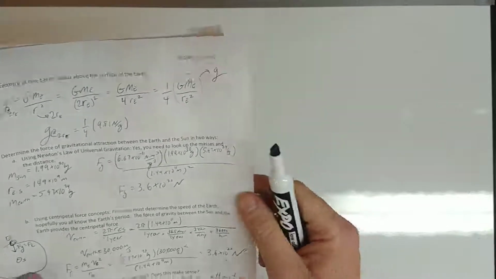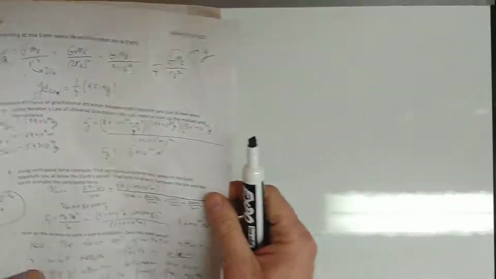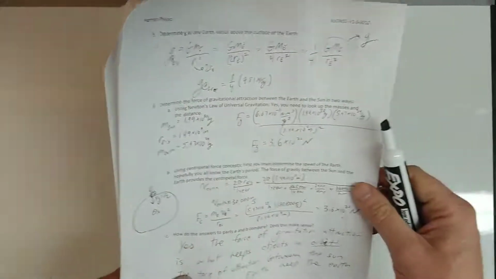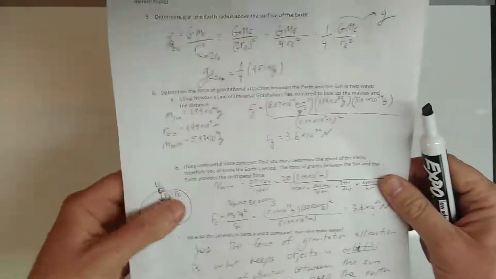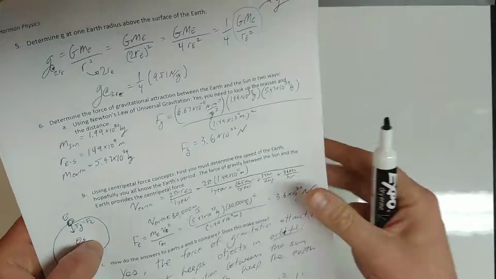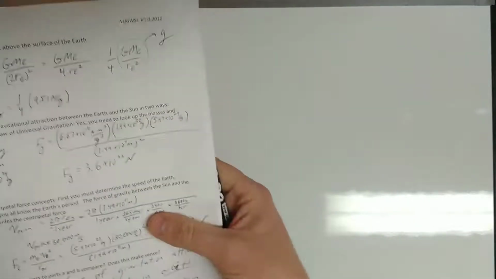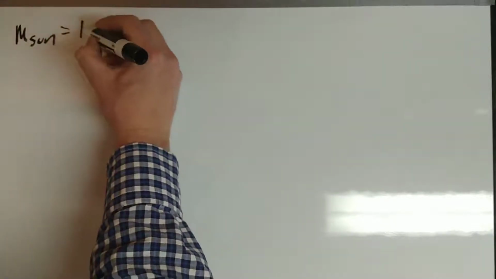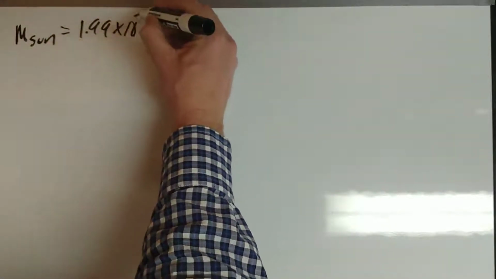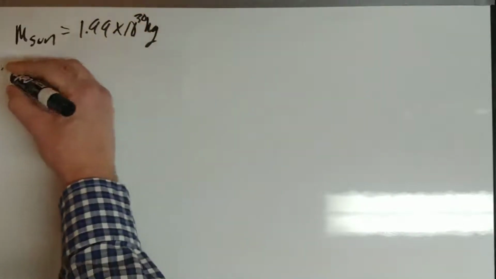Determine the force of gravitational attraction between the Earth and the Sun in 2 ways. Part A, using Newton's law of universal gravitation. Yes, you need to look up the masses and the distance, but hopefully you did that. Mass of the Sun ends up being about 1.99 times 10 to the 30th kg.